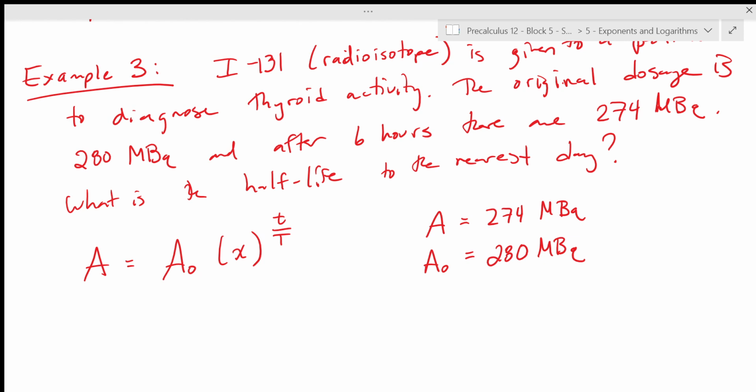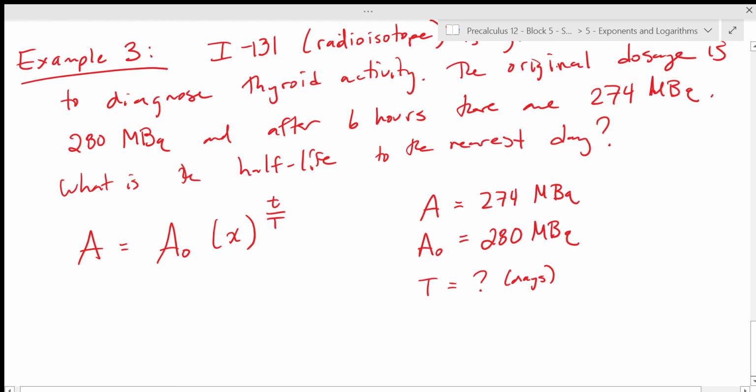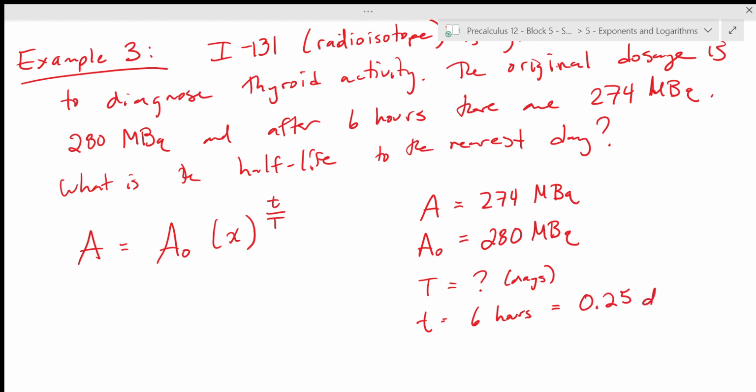So big T is the one we're solving for, and we want it in days, so we also want our little t in days. Little t is 6 hours, but if we take 6 and divide it by 24, it is 0.25 days. We want to do it all in days so that we get a more accurate answer. Okay, any other variables we need?